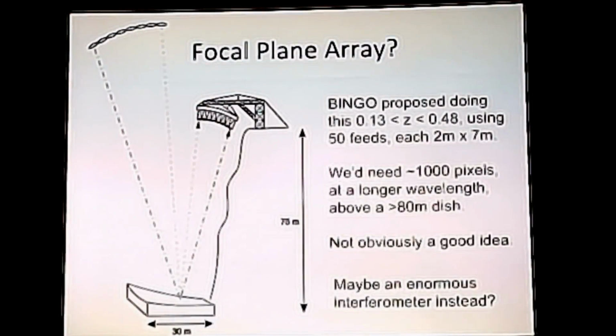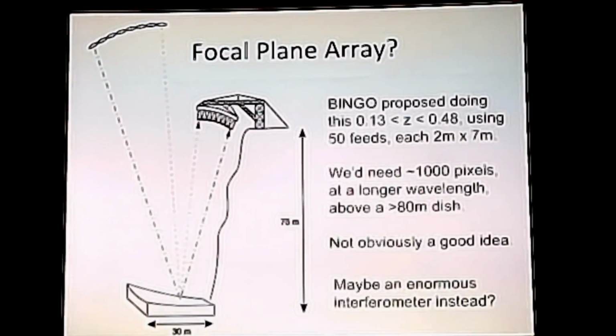And when people tried to benchmark this out, these Bingo people at lower redshift, so the easier version of this, needed 50 feeds that were each 2 meters wide, 7 meters long, and hanging 75 meters off the edge over a dish. So scale that all up by a factor of 4, and you get to something like what we needed. It doesn't obviously work. In fact, it effectively prohibits.